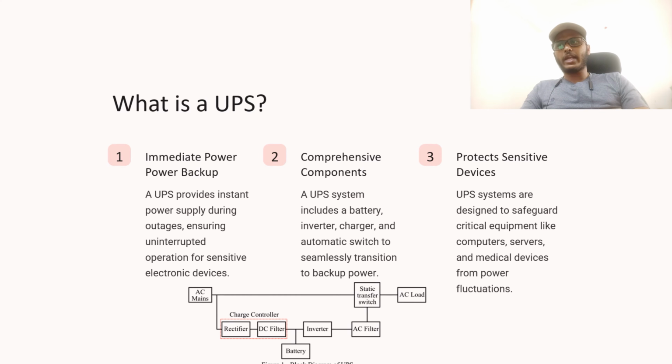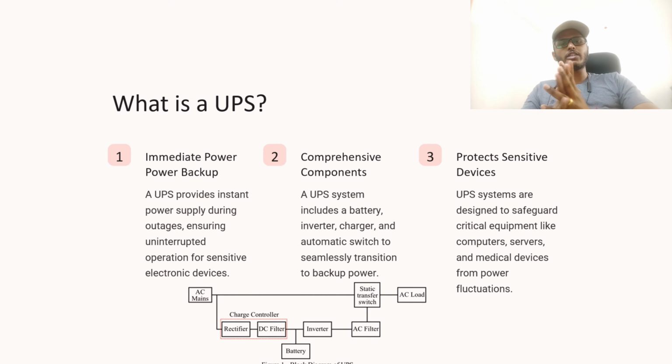And we are connecting a battery, that is an inbuilt battery. In a normal UPS you won't see a battery outside. The battery will be pre-built and it will be inside the UPS. So the output of this charge controller and the battery are synced in such a way that it will give constant power, which is another advantage of UPS. It gives power stabilization as well.